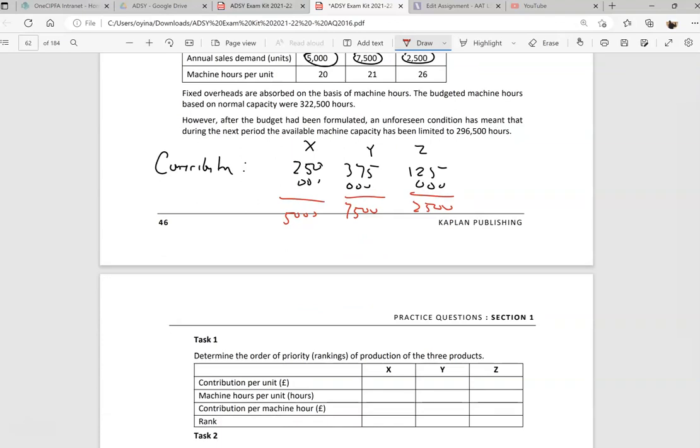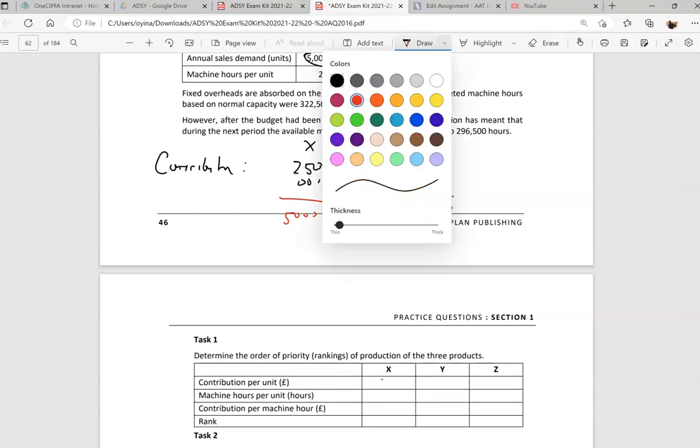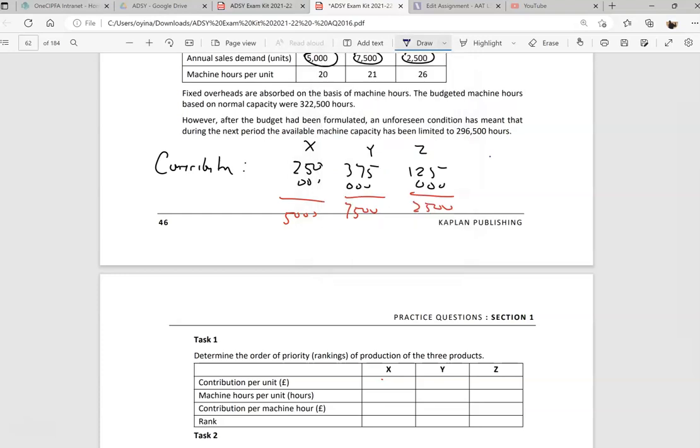So let's do that. 250,000 divided by 5,000 is 50, so my contribution per unit is 50 pounds per unit. Here, 375,000 divided by 7,500 units, and that's 50 as well.